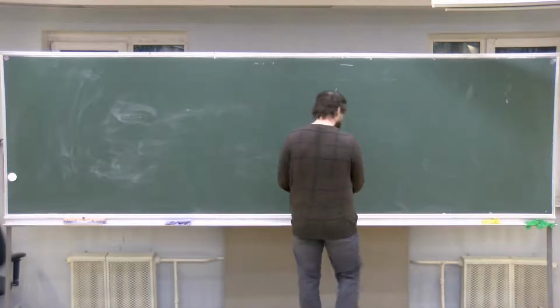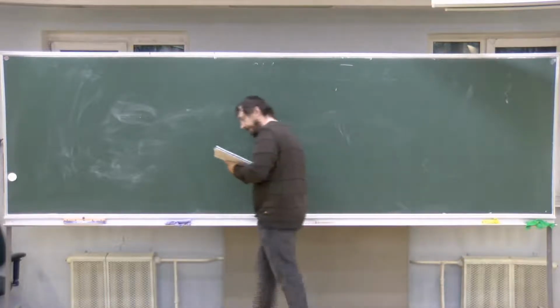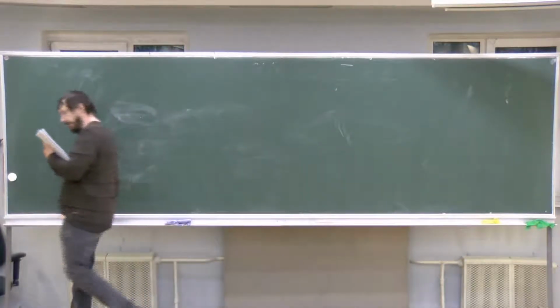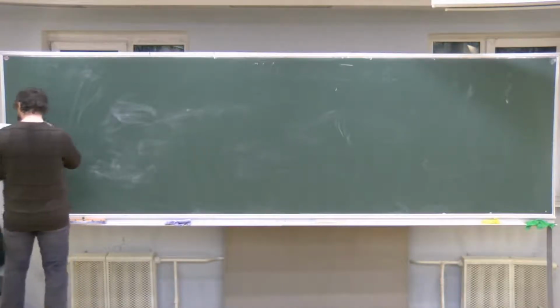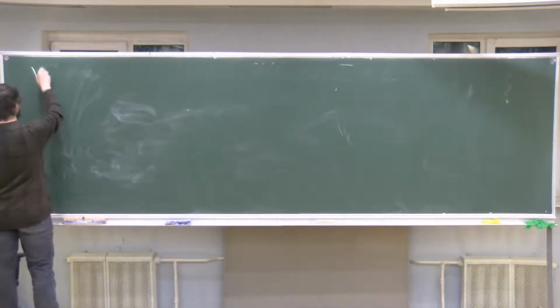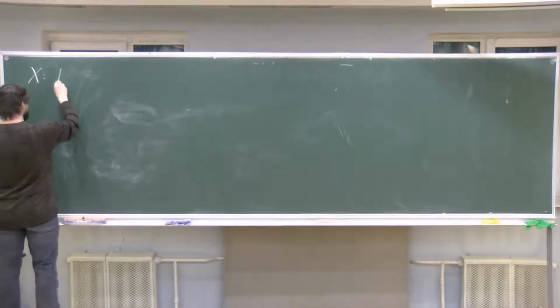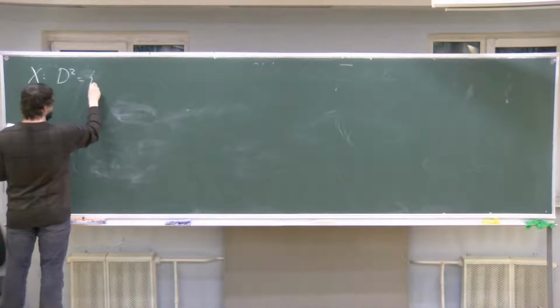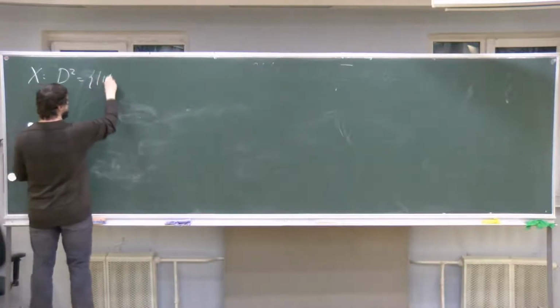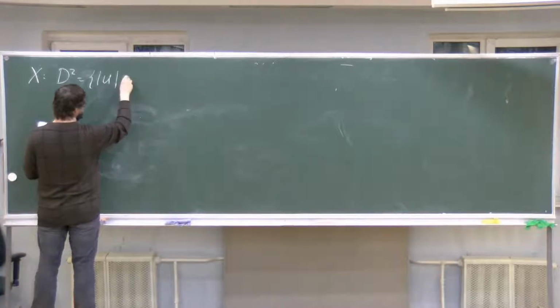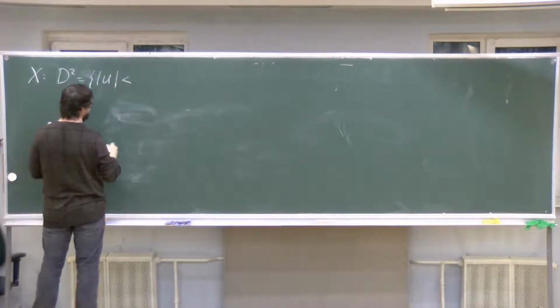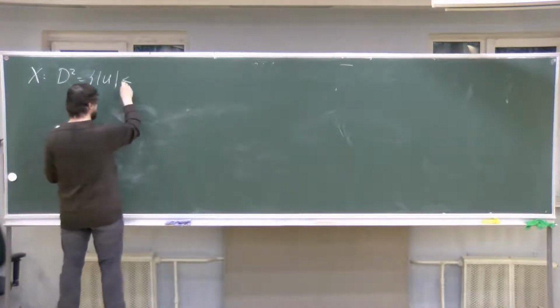So there is a physical theory which is called the Poisson sigma model. Let me give a few definitions now. So let X be a map from a two-dimensional disk, which we got as just the set of all complex numbers whose absolute value is less than or equal to 1.